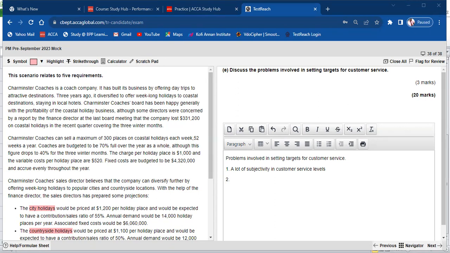Now, we might think, for example, that if we ask customers what they think they are looking for, the problem is that it may be difficult to get the right customer group that will be representative of what everybody needs.